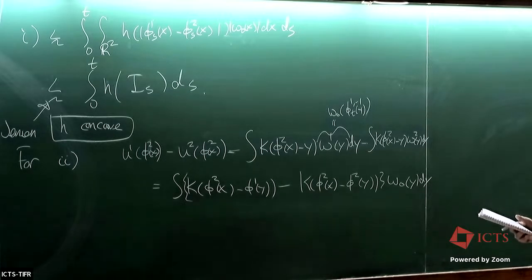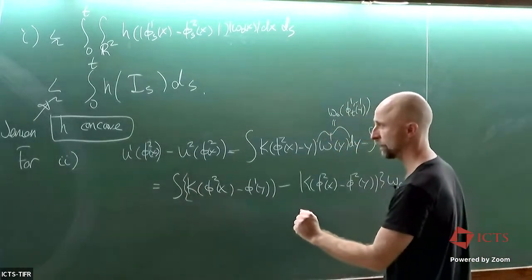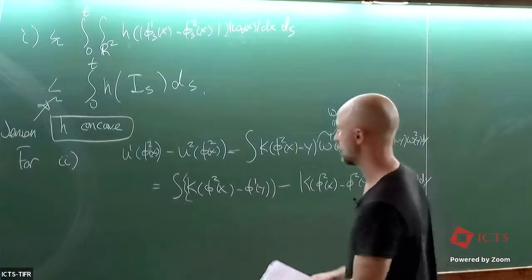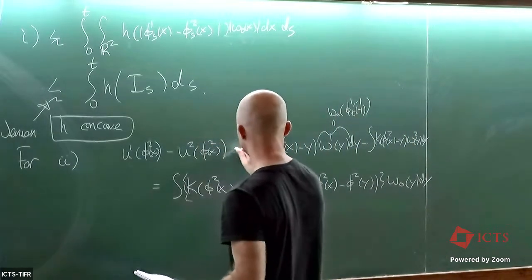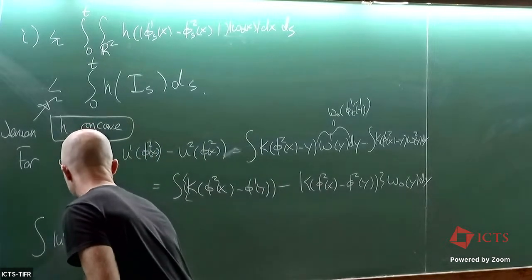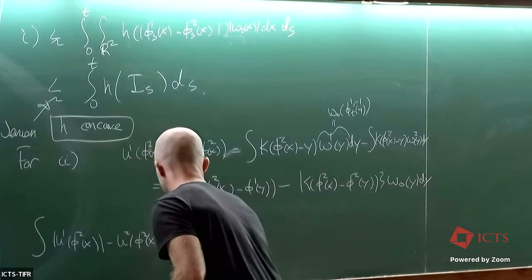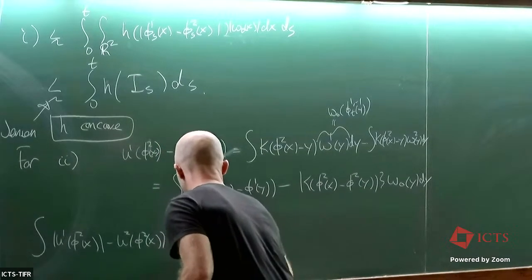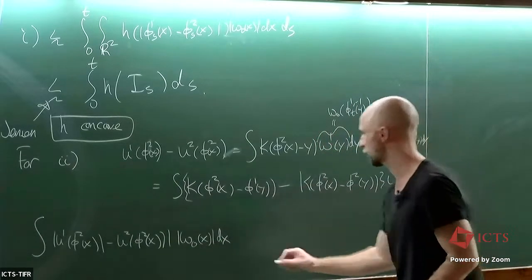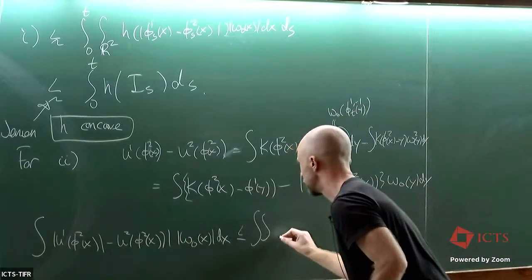Good, good. Let's see. So now I have, okay, so why is this better? Because now if I integrate this with respect to x, no, I want to do something more than this. I want to take this expression and integrate with respect to omega 0 at x, and if you do this, you're left with a double integral here.